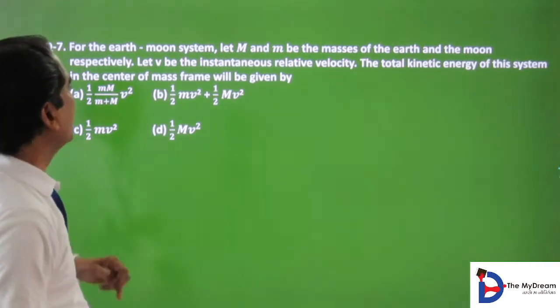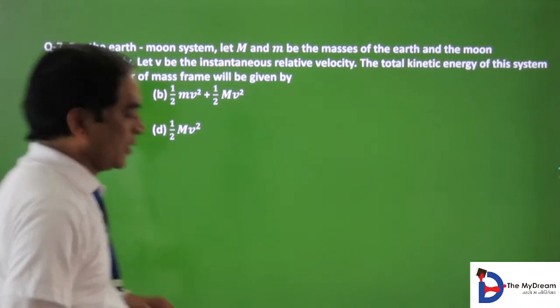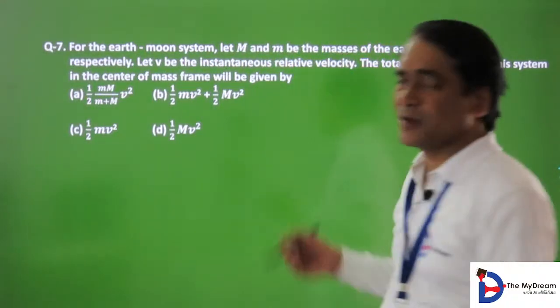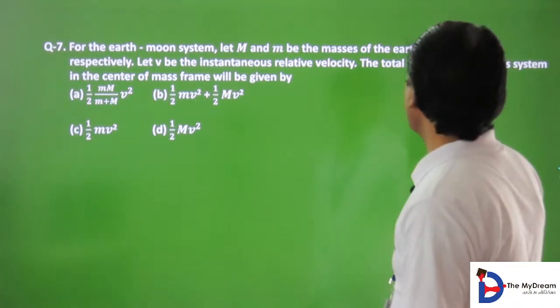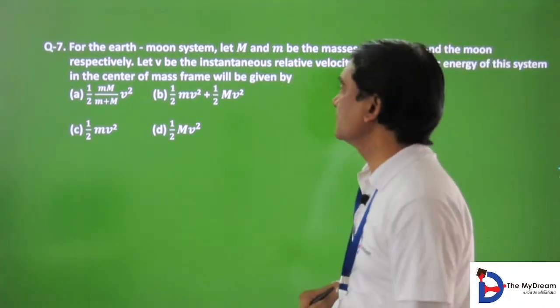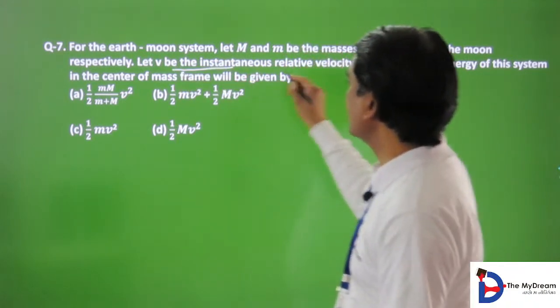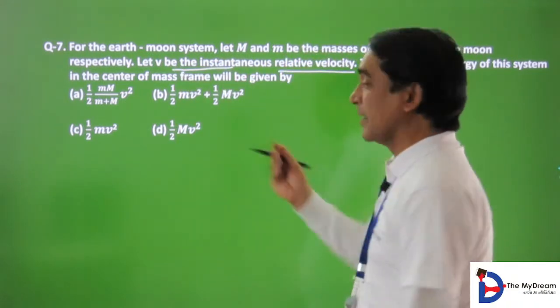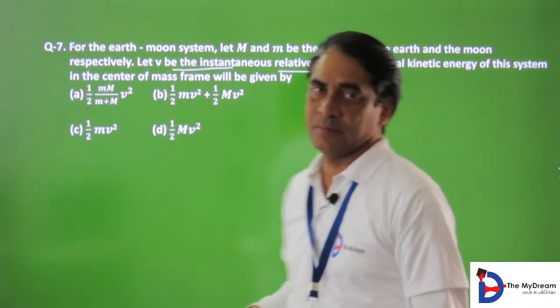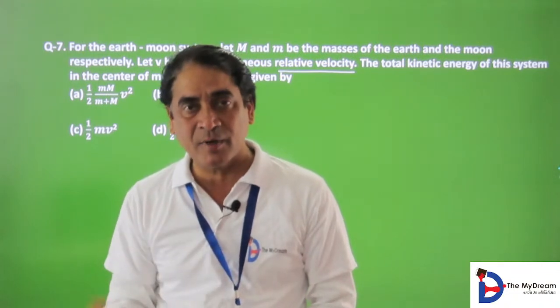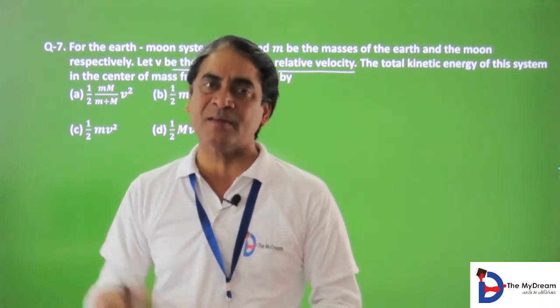For the Earth and Moon system, let capital M and small m be the masses of the Earth and the Moon. Let small v be the instantaneous relative velocity. Again he is using the term instantaneous relative velocity. It means we are talking about the reduced mass of the system.